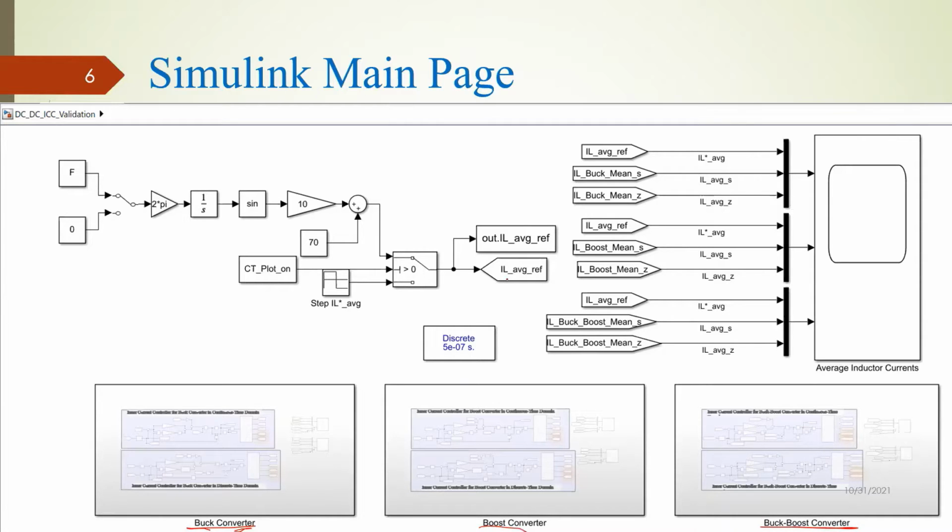And here this is our reference signal, our reference average inductor current. And in this scope, you can see the average inductor currents for all DC-DC converters. This is for buck converter, this is for boost, and this is for buck boost.